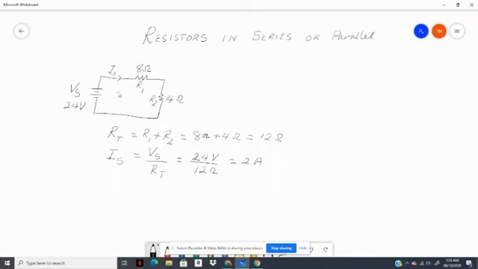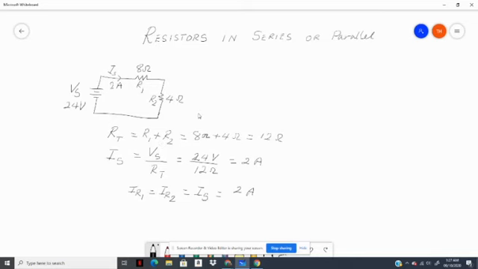So the total current IS is 2 amperes. We can also write that IR1 is equal to IR2, which is equal to this I supply, which is equal to 2 amperes. All right.